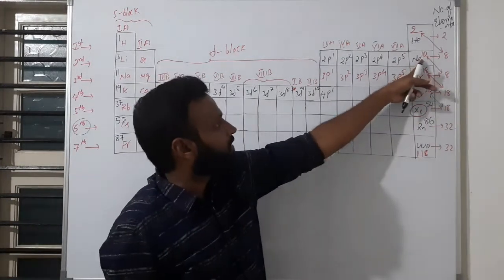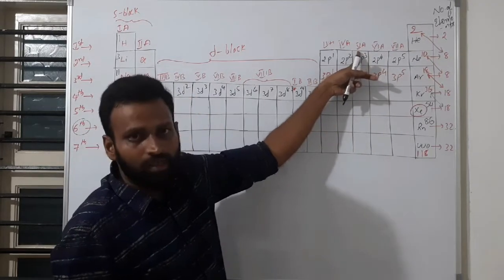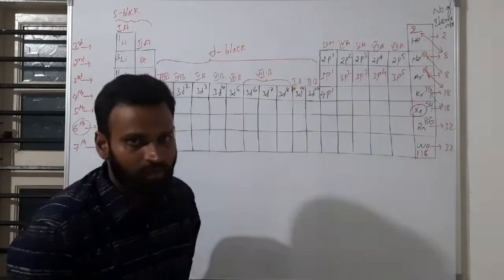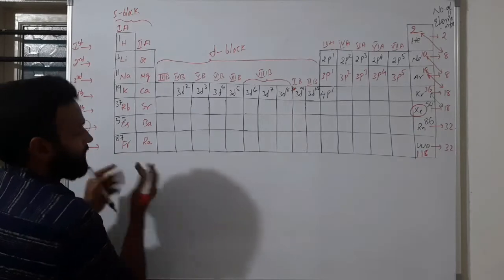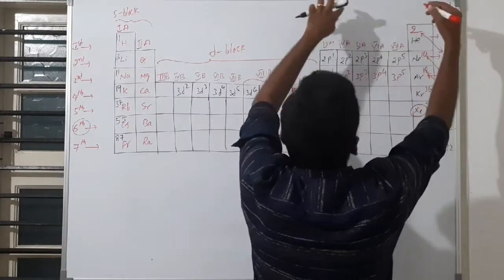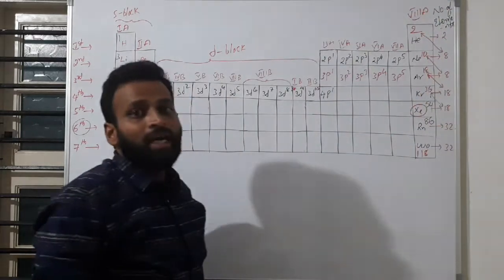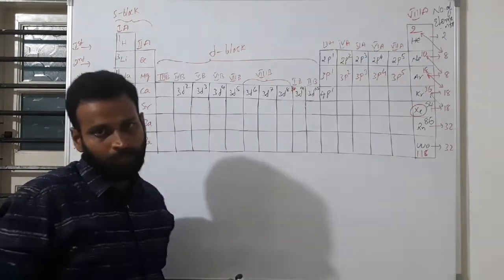So here 10, so here 9, 8, 7. In that way you can say 6 and 5. You can say the atomic number. Getting what I am saying? So 1A group elements and the 0 group or noble gases, this 8A group elements atomic numbers, if you know them, you can say.